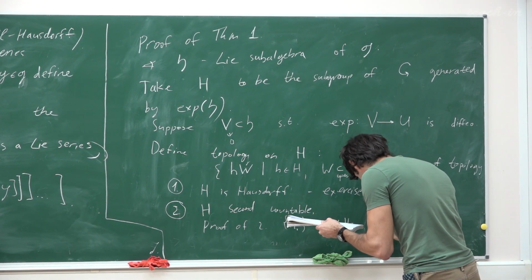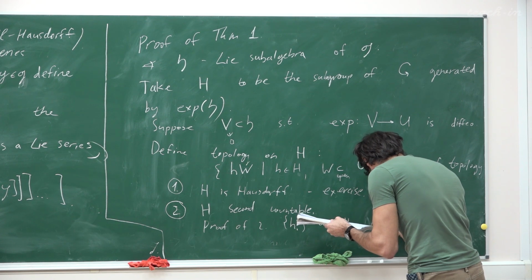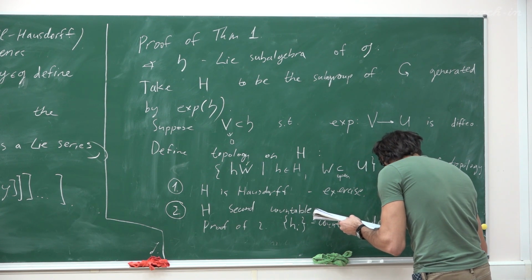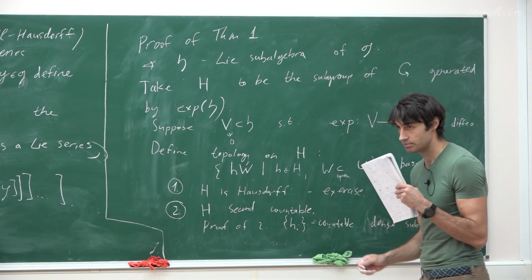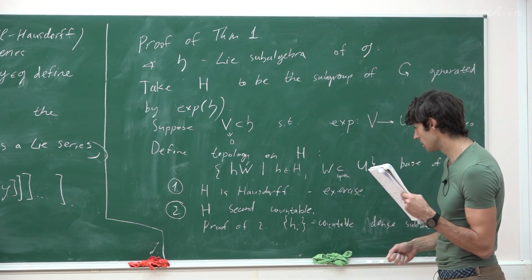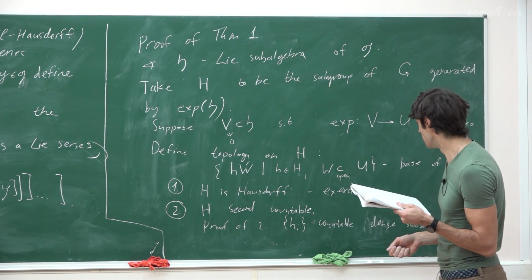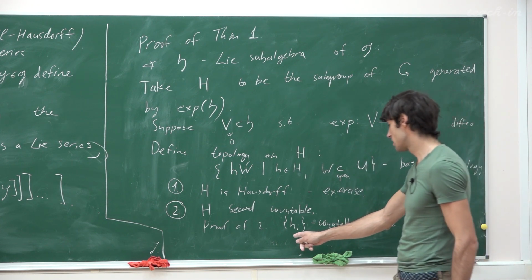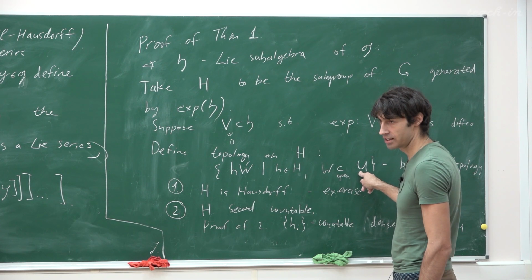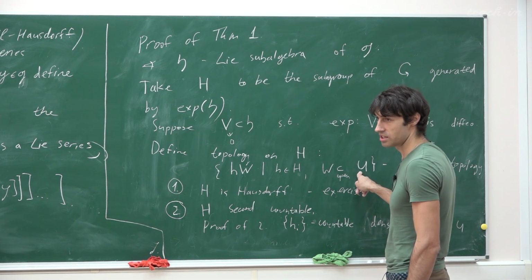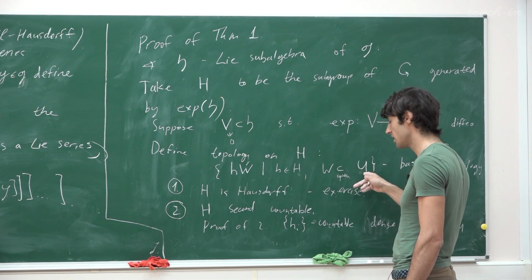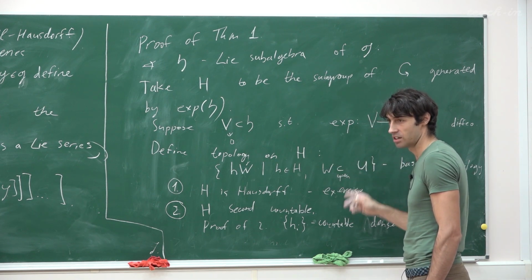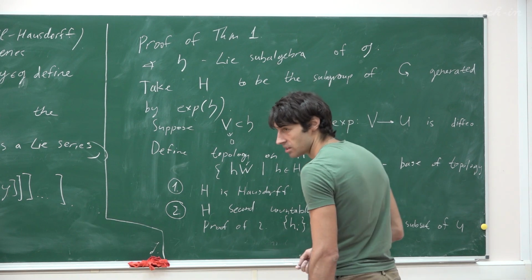Countable dense subset of U. Again, why does it exist? Because U is a piece of R^n. Just take all points here with rational coordinates.